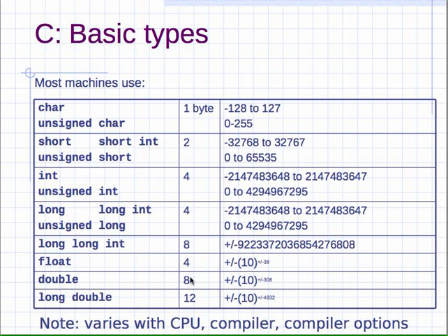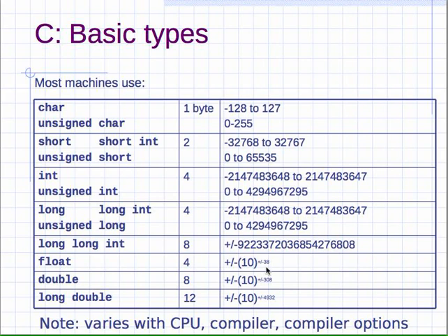Floats are 4-byte floating point numbers, so float refers to floating point, and so you can have that decimal point be anywhere. Roughly, you can go between positive 10 to the power 38, and the smallest positive number you can have will be 10 to the power negative 38. That's a very small positive number.